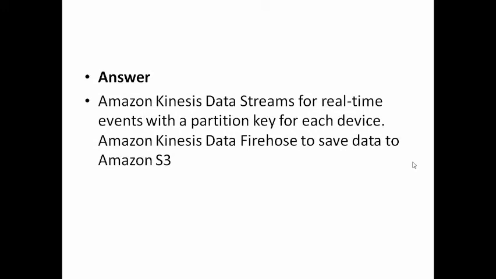It uses the partition key that is associated with each data record to determine which shard a given data record belongs to. So we can use partition key for each device. This will ensure the records for the device are grouped by the shard, and the shard will ensure ordering. Amazon S3 is a valid destination for saving the data records, and we can use Amazon Kinesis data firehose to save the data to Amazon S3.